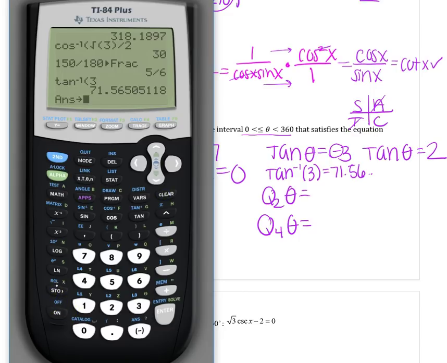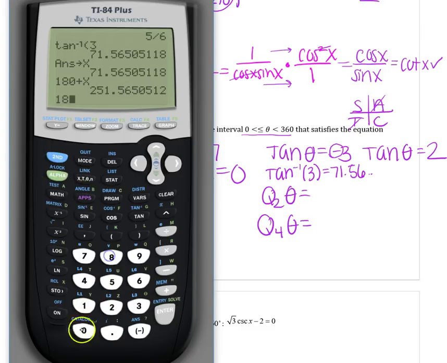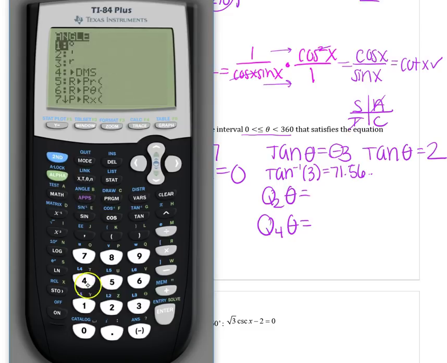I'm going to store that number as x, just to make my life a little easy here. Okay, so 180 take away the reference angle. I just realized I did plus x. That would be quadrant 3. Never mind. So 180, take away the reference angle. There we go, 108. Now we're going to convert this using DMS. So second apps, option 4.